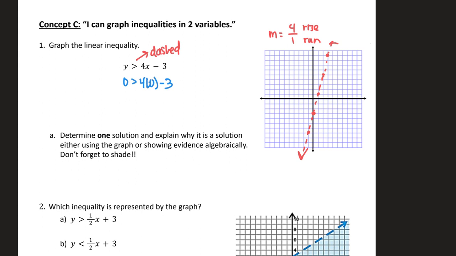Well, 4 times 0 is 0, so this is just going to be -3. So 0 is greater than -3. That is a true statement. So since this was our test point and that side was true, that means this entire side is true, and this entire side is false. So now we're going to shade the true side.